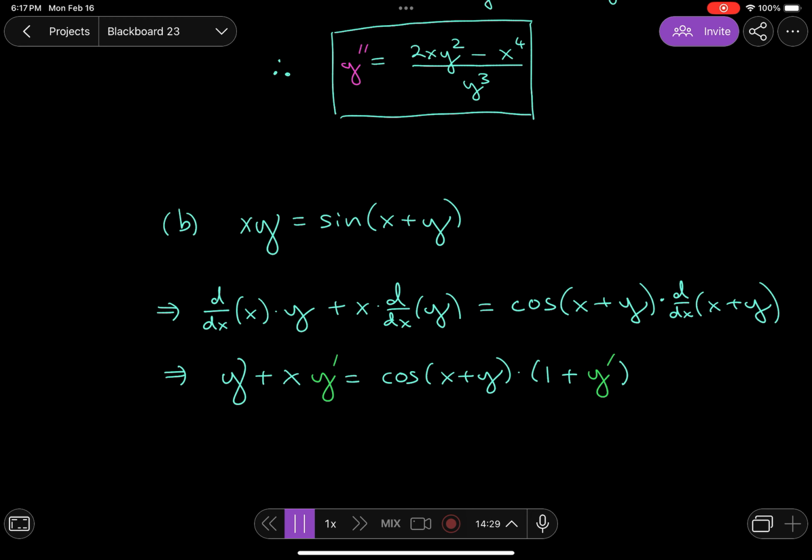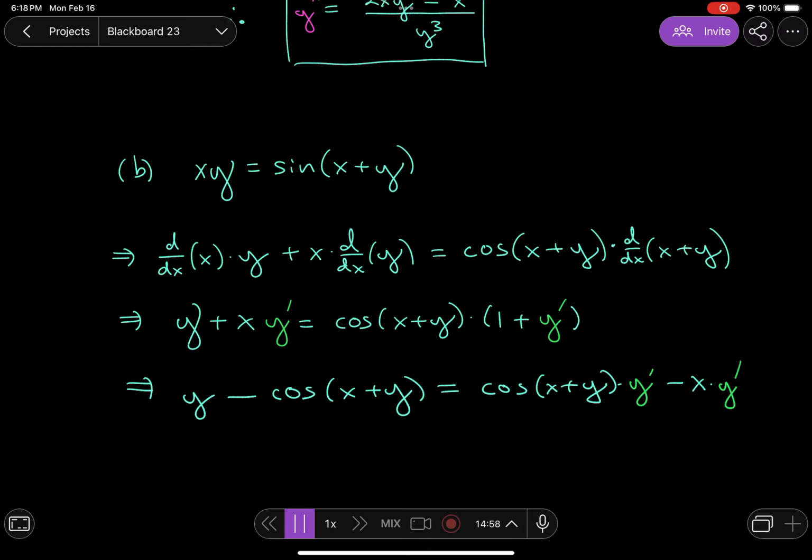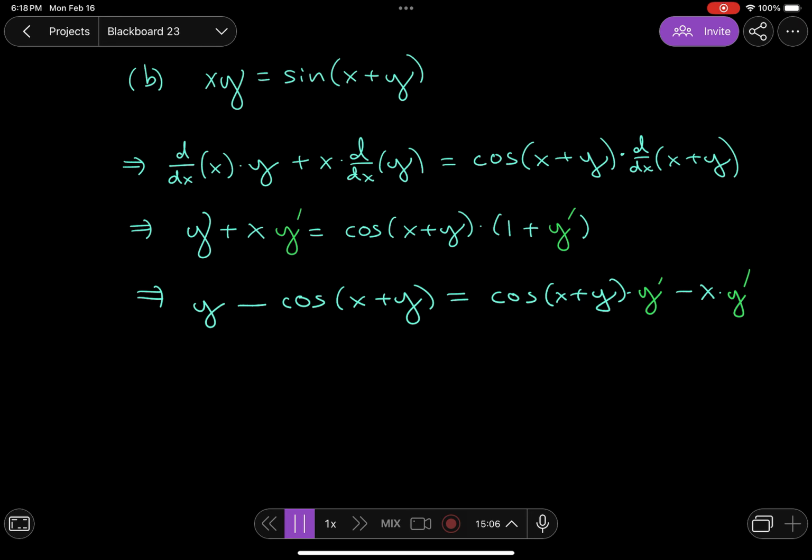Okay, I have to solve for y prime here. It looks like this implies that y minus the cosine of x plus y is equal to the cosine of x plus y times y prime minus x times y prime. Solving for y prime, I'll write it like this.